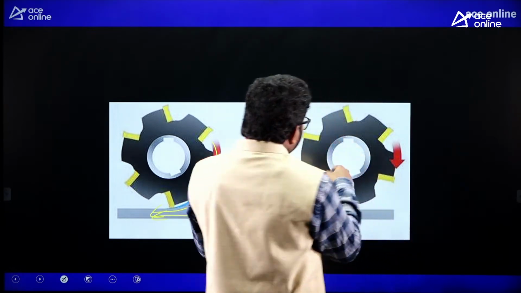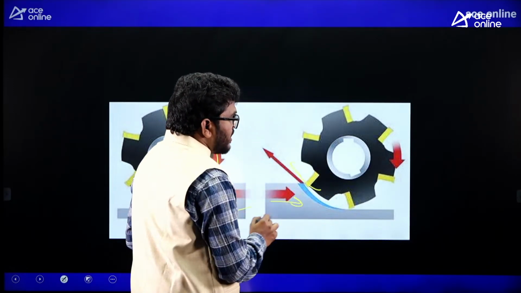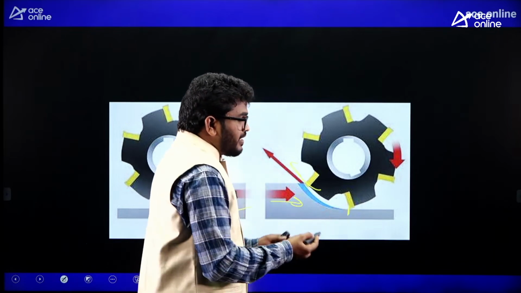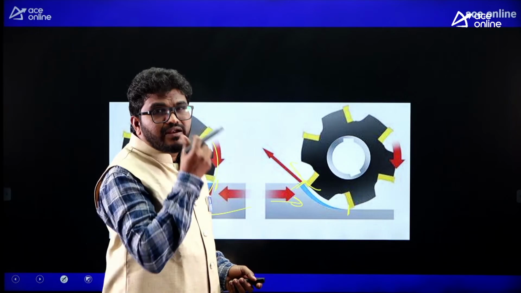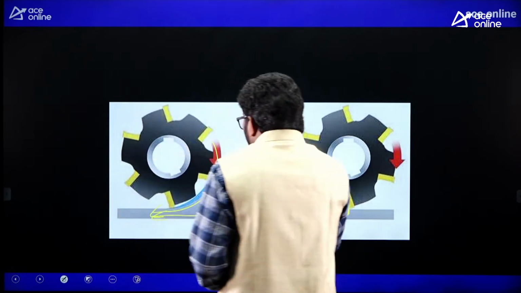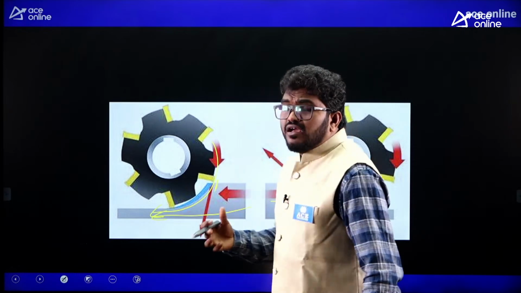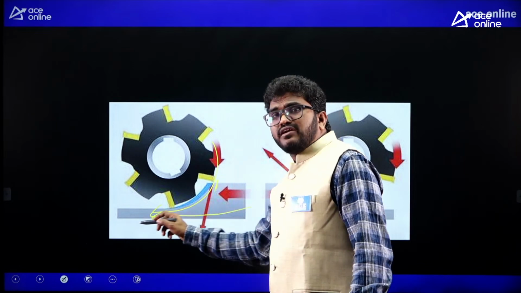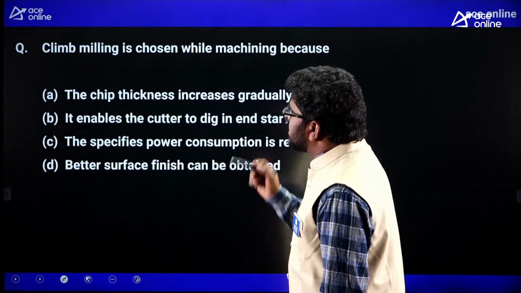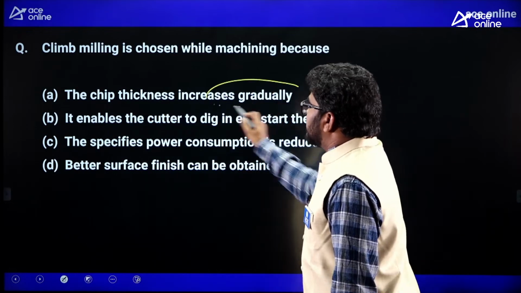But in case of conventional milling, up milling, they are opposite. Initially there is less material removal, and finally more material removal. So in case of up milling, you get more surface roughness, while in down milling there is initially more material removal and finally less. Now see here, chip thickness increases gradually, not correct.